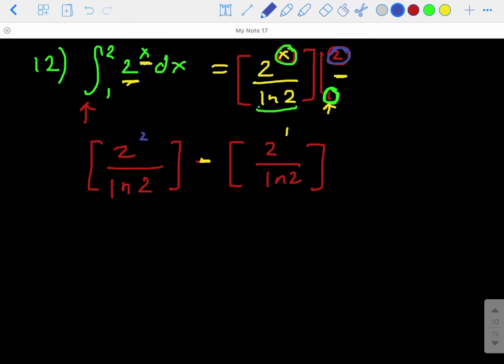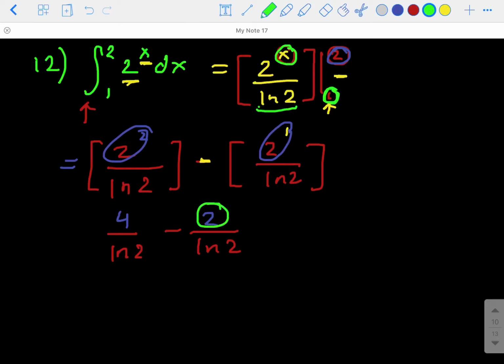Now carefully work out the calculations. 2 to the second is 4, and 2 to the first power is 2. Copy and paste everything else: 4 over natural log of 2 subtracted by 2 over natural log of 2. And hey, what do you know? The denominators are the same, so you can just subtract the tops. So 4 take away 2 is just 2 over natural log of 2.